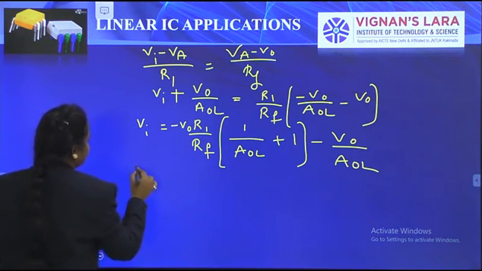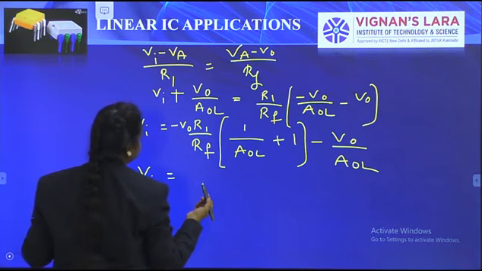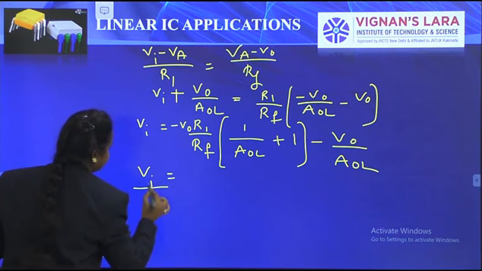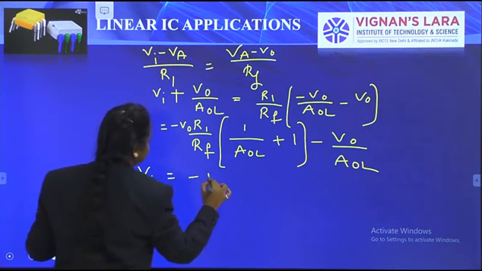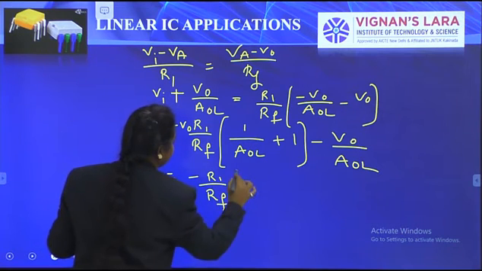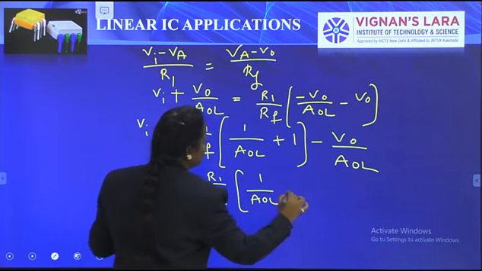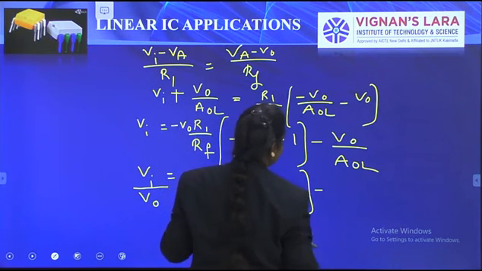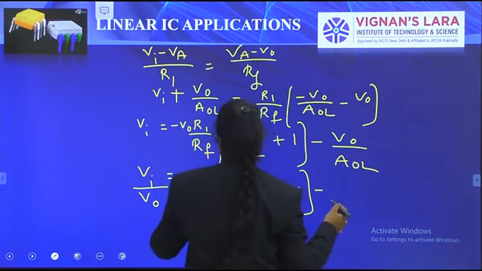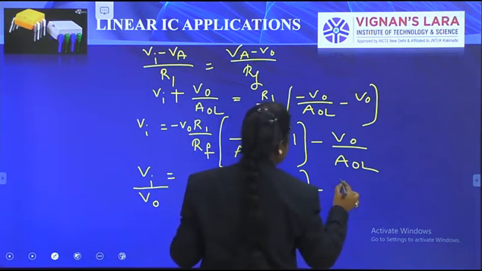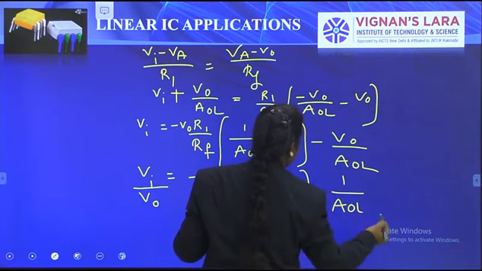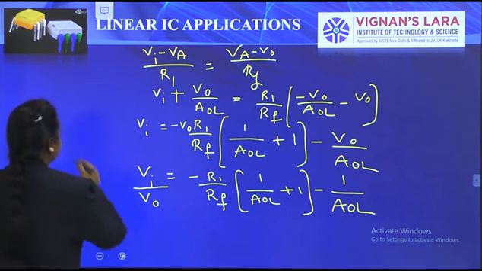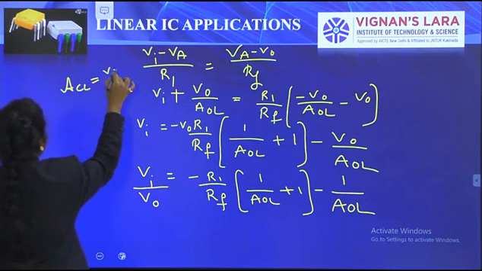Taking V0 to this side, the closed-loop gain ACL is equal to V0 by Vi.